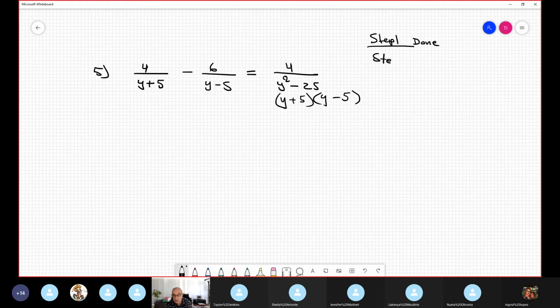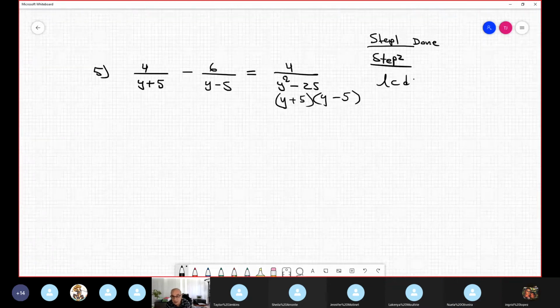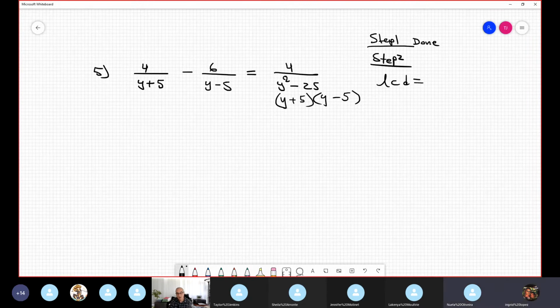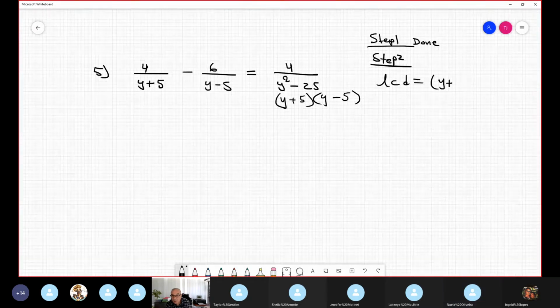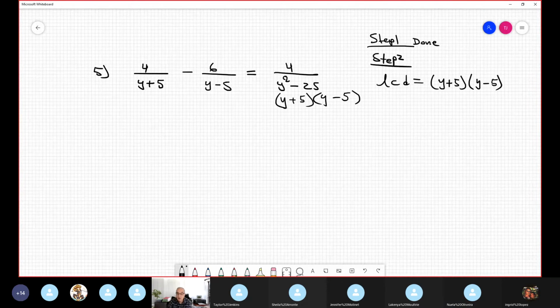What is the second step? To find the LCD. And what is the LCD, by the way? Y plus 5, y minus 5. Both, one time of each? Yes, absolutely.